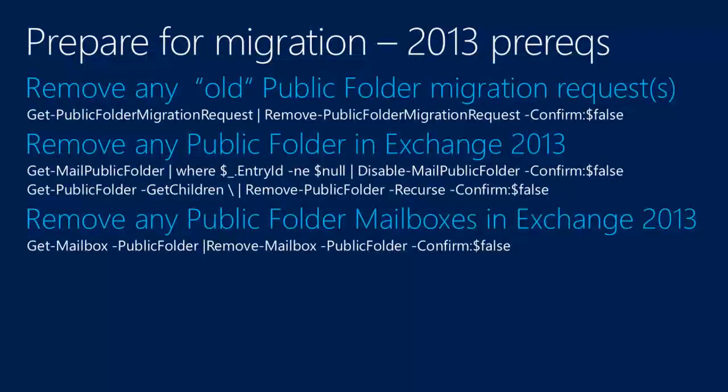On that 2013 side is where we're going to perform that check to see if there is an existing migration request in the queue that's going to be processed by the MRS. And if there is an existing request, and these steps will be very similar to what we'll see in a rollback, we're going to remove any of the public folders that exist on the Exchange 2013 side. We're also going to remove any public folder mailboxes as well.